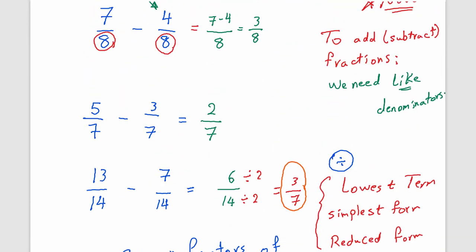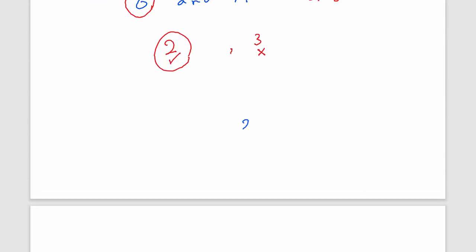Oh, so you mean that if we don't have like denominators, like addition, we have to do something first to make them the same denominator, like denominators. Then we can subtract. Otherwise, do not subtract. Okay? So let's see this one. 2/3 minus 1/2. In fact, this is an example of what you are asking now.